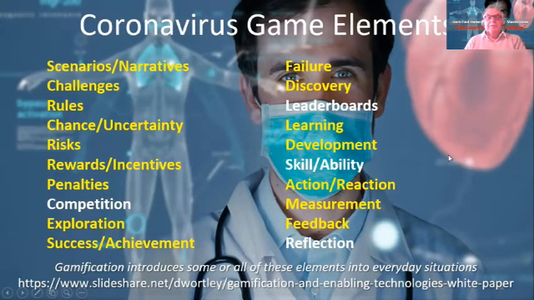There'll be an opportunity to discover new information. Hopefully there will be some learning and development involved when the game is played. And there will be reactions to any action that you take. And there will be tools to measure the outcomes of your decisions and provide you with feedback. So these are the coronavirus game elements.